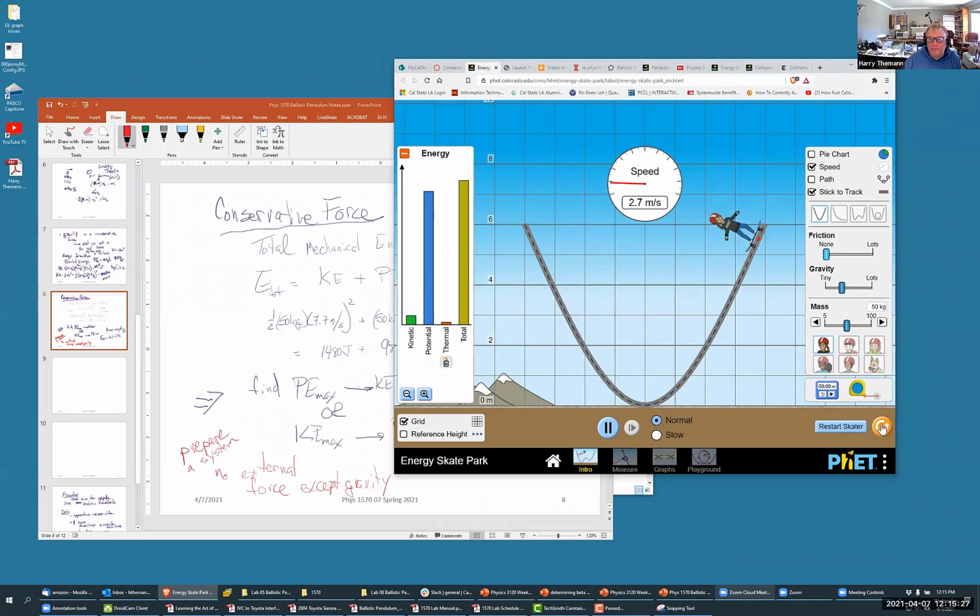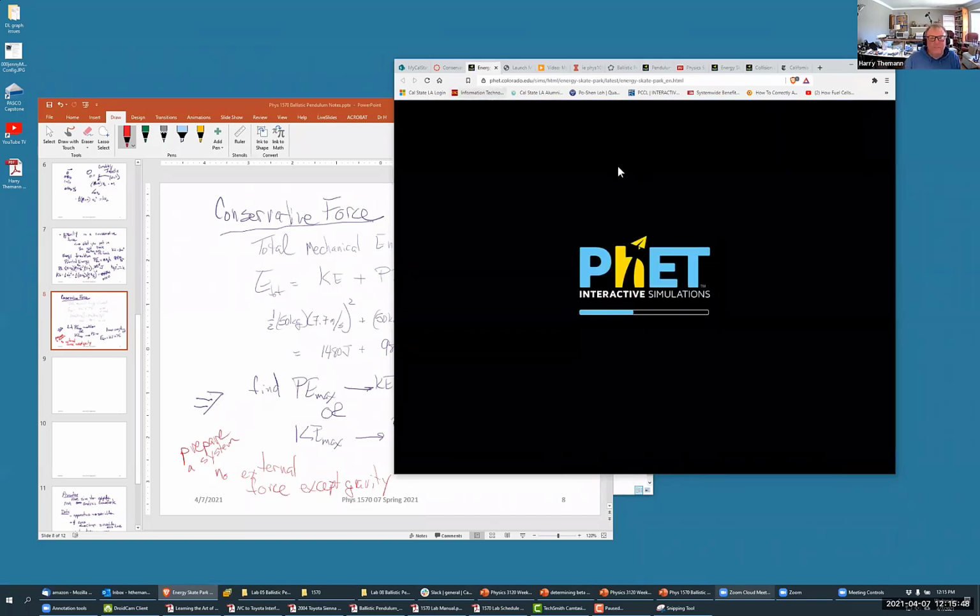Well, I broke it somehow. Oh, there's lag. Okay. I'm just going to have to reload this. I hit too many buttons too quickly, and I sort of lobotomized it.